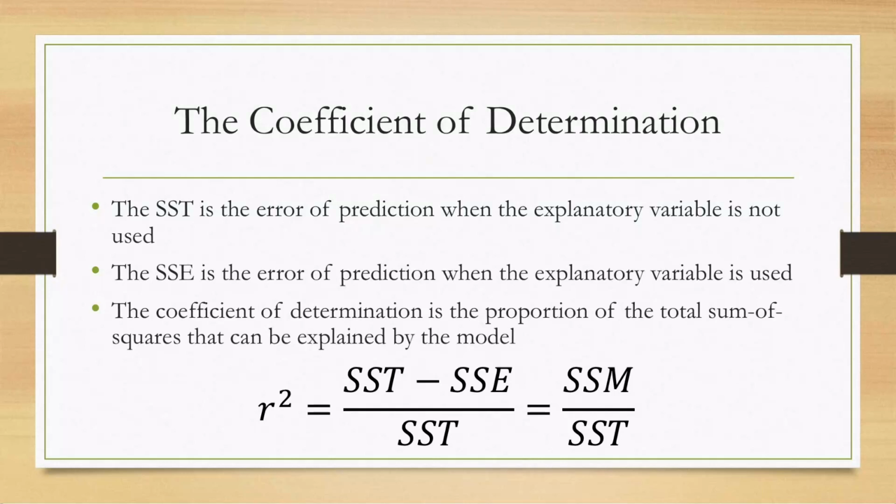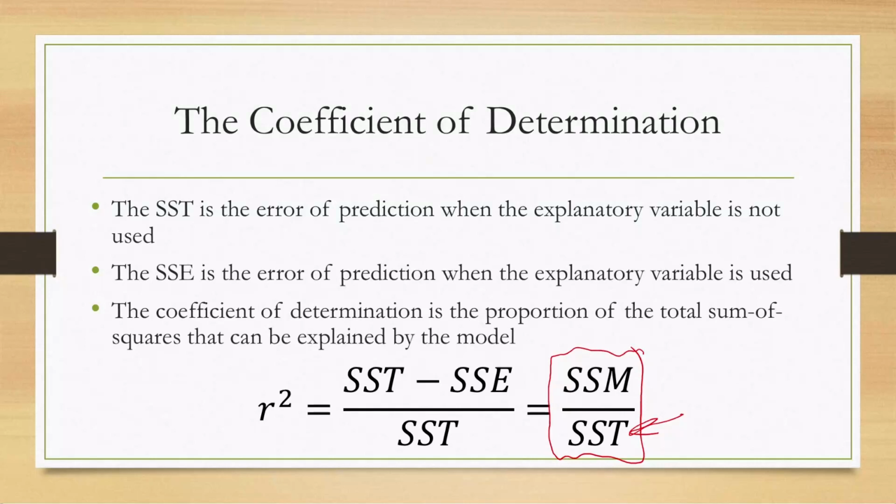The coefficient of determination is the proportion of the total sum of squares that can be explained by the model. So r squared is actually an indication of the proportion of the total deviations about the mean squared that can be accounted for by the explanatory variable.